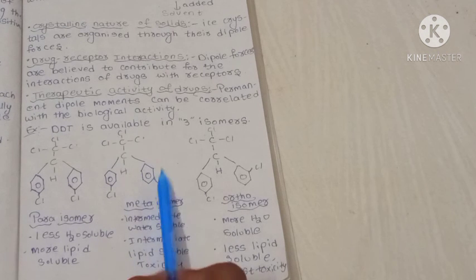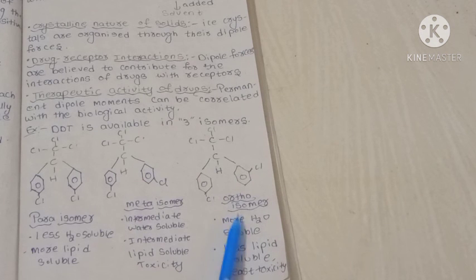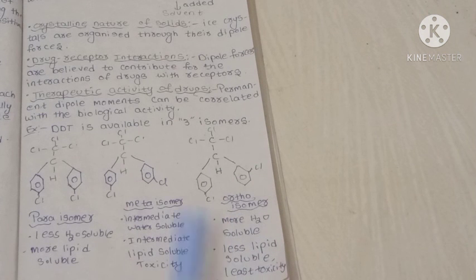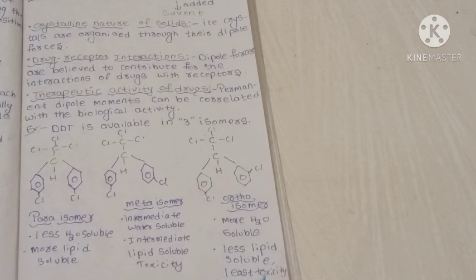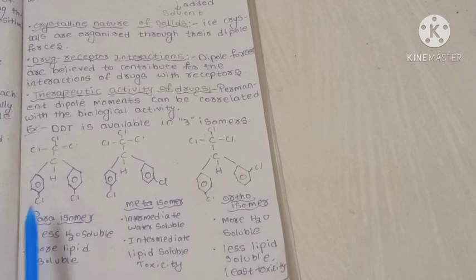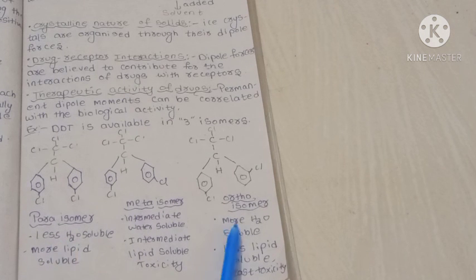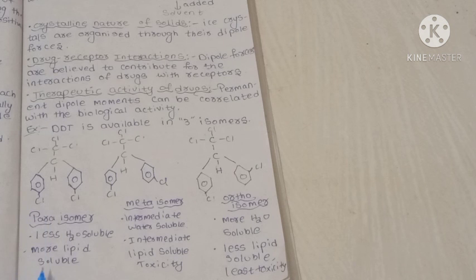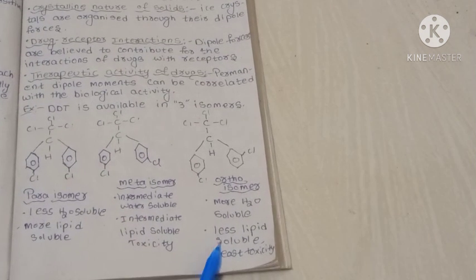When chlorine shifts to the ortho position, it is known as the ortho isomer. It is more soluble in water and less soluble in lipid, which means it is less toxic. When we compare para and ortho, it is quite opposite: para is less soluble in water and more soluble in lipid, whereas ortho is more soluble in water and less soluble in lipid.